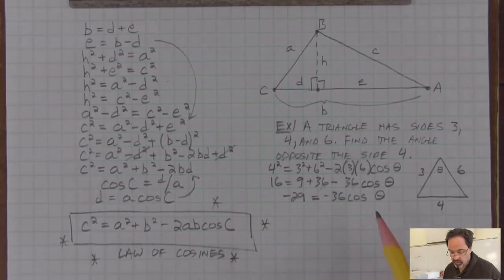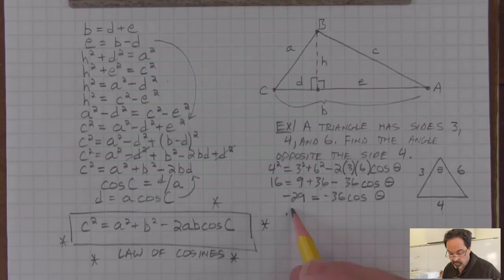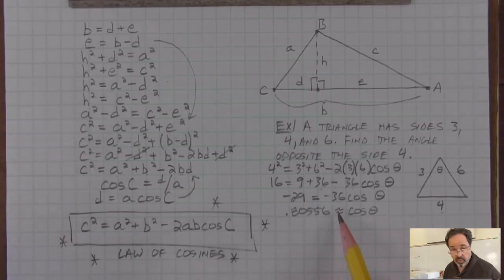Now dividing both sides by negative 36 will give me, and the negatives will cancel out, 0.80556 is approximately equal to the cosine of theta. Because I haven't finished with the problem and I had to approximate 29 over 36, I did so with many decimal places so that I am as accurate as I can in the end.